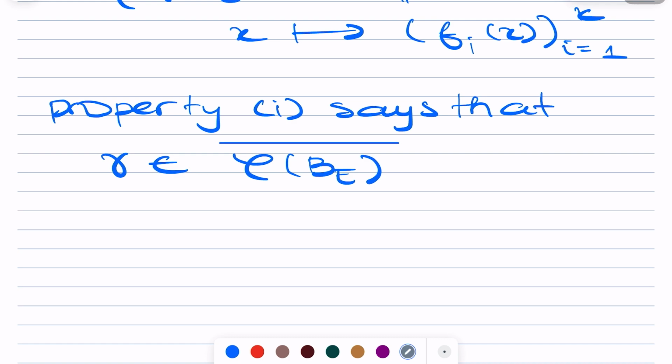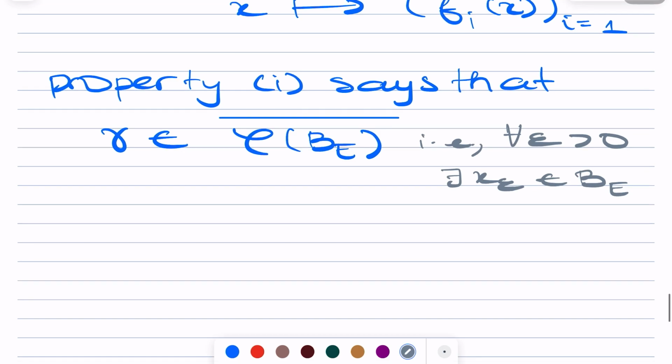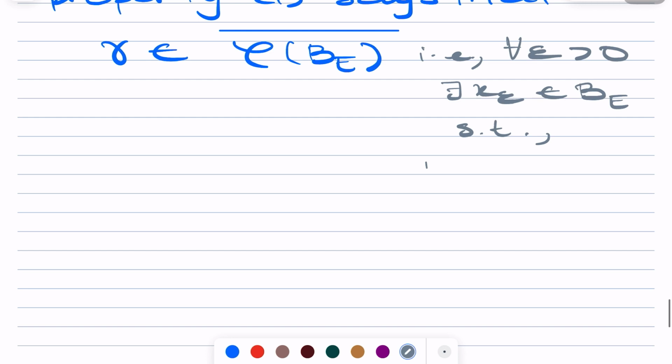Being an element of the closure means that for every epsilon positive, there is an x epsilon, which obviously depends on epsilon, in the closed unit ball, such that phi of x epsilon approximates gamma in the infinity norm.